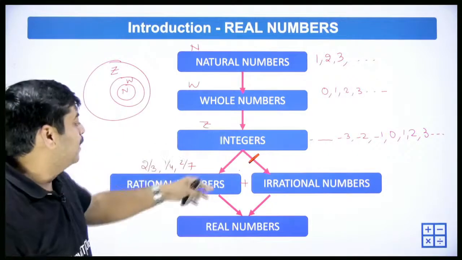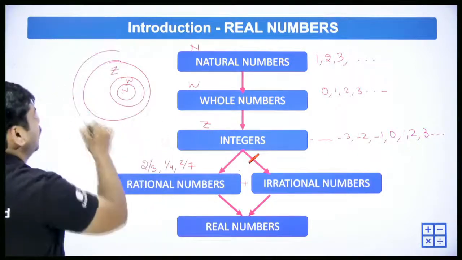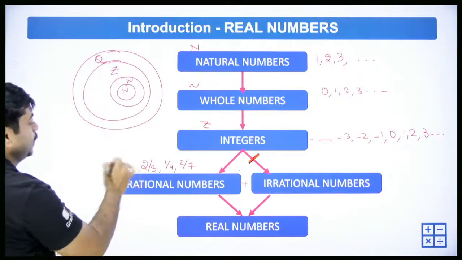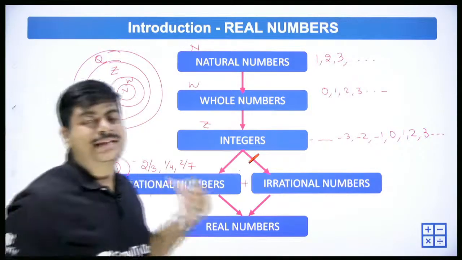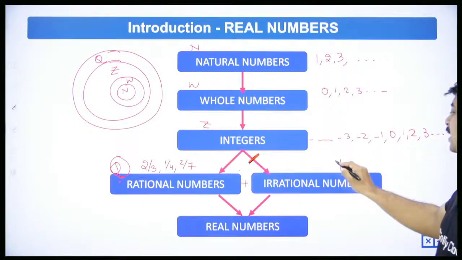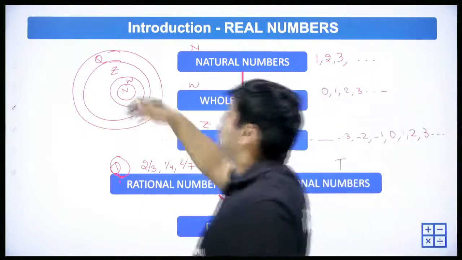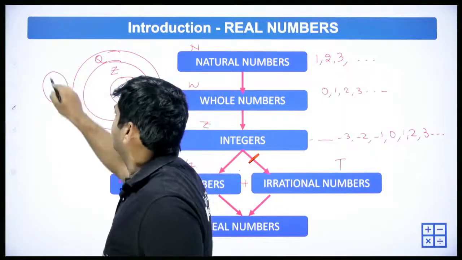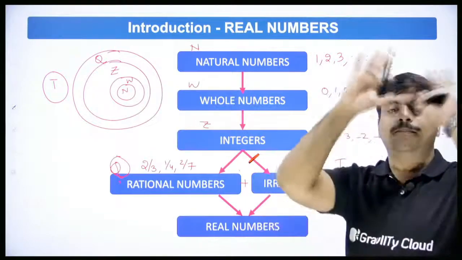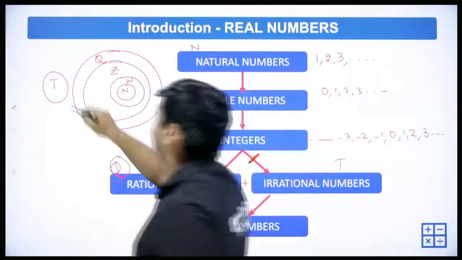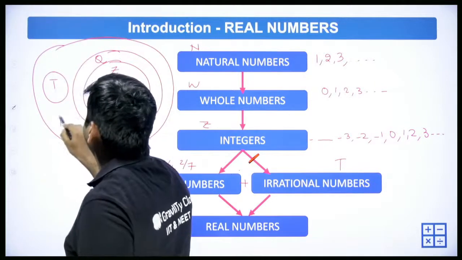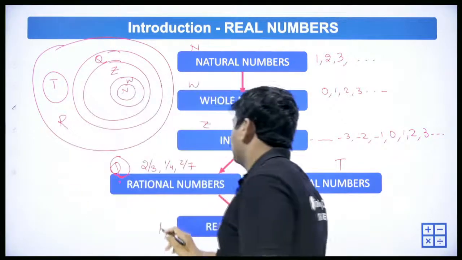From integers, we get rational numbers, which we represent with Q. And extended to that, we also have irrational numbers, which we denote with T, which do not come under rational numbers. And now the complete set of all these numbers are called real numbers, which we denote with R.